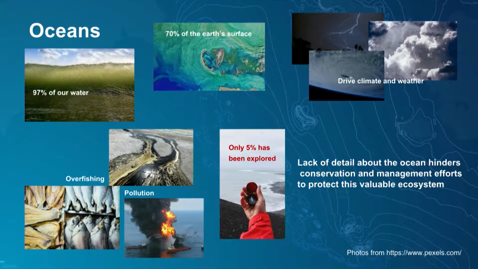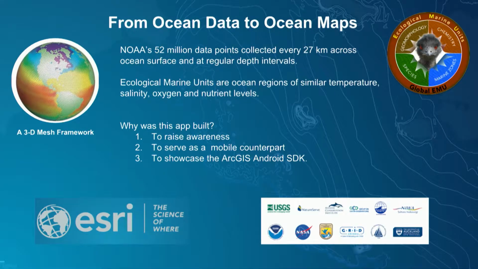So that gives you a little bit of context as to why oceans, but maybe more to the point is, how do we go from ocean data to ocean maps? Esri collaborated with a number of agencies, including NOAA, which is the National Oceanic and Atmospheric Administration. That agency is a government agency that does a lot of research on climate and oceans.